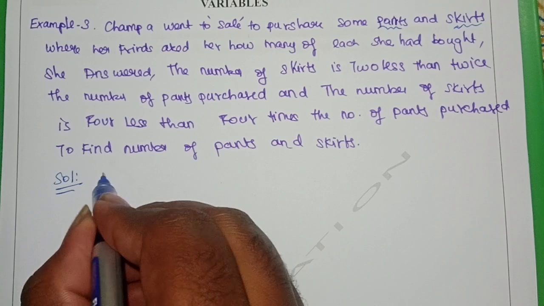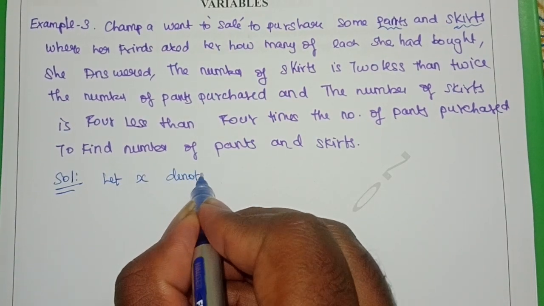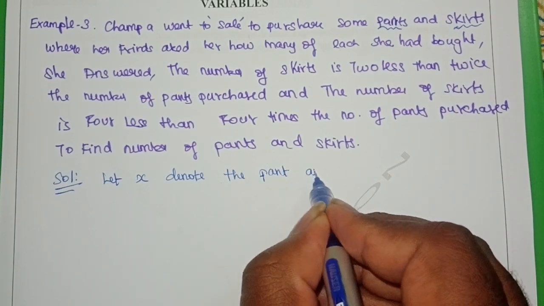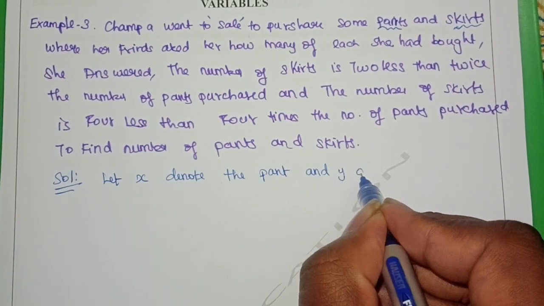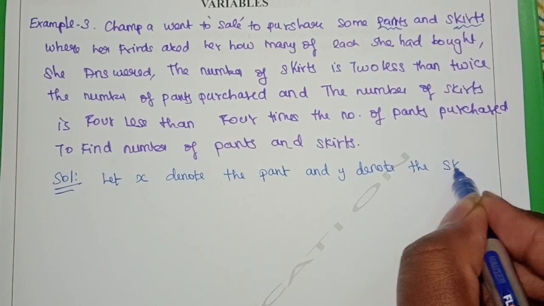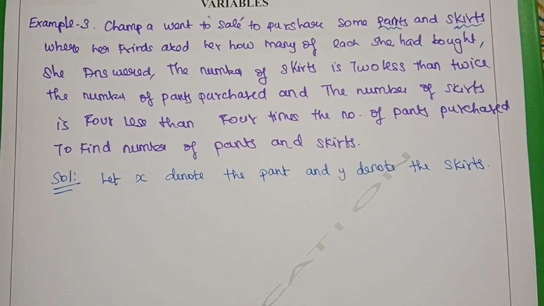Let x denote the pants and y denote the skirts. It's clearly understood. We are assuming that x is pants and y is skirts.